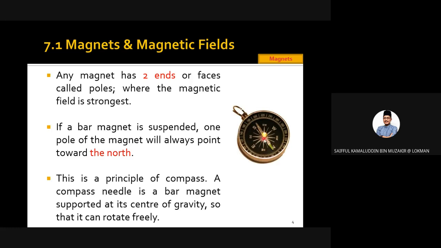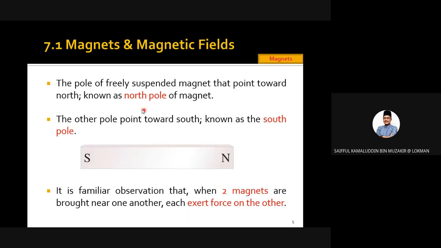It will point following the direction of the poles of the magnetic field of the planet Earth. The pole of a freely suspended magnet that points towards north is known as the north pole of the magnet. The other pole points towards south, known as the south pole.